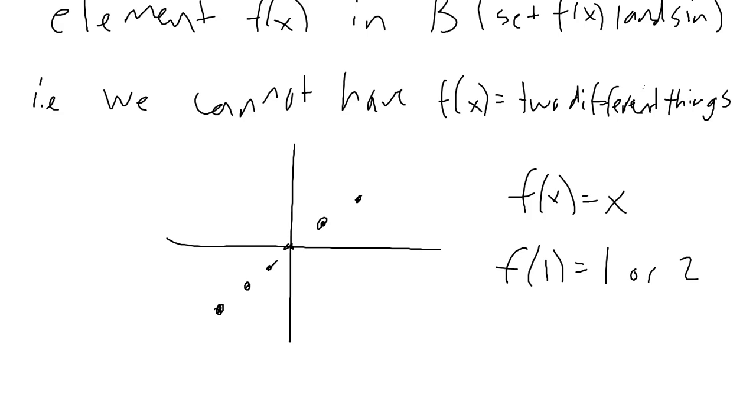We'll just say that's our rule. f of x equals x except at 1 when it equals 1 or 2. So then it would look like this. We have 2 points above x equals 1 because it could equal both of them.